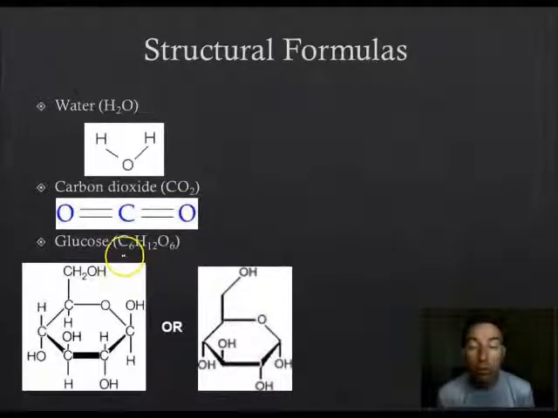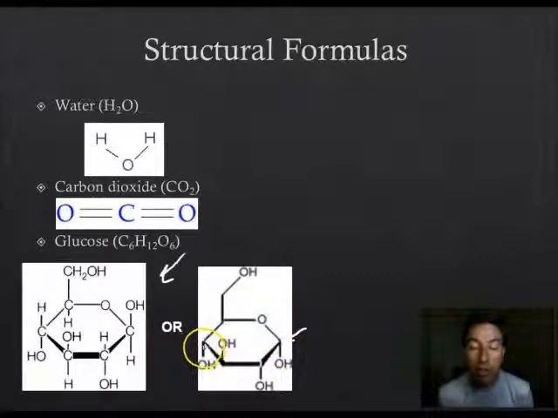So glucose, one of the most important molecules you're going to learn in this class. This is what glucose looks like here. Sometimes scientists will shorten the structural formula of large chemicals and leave out the carbons in these areas.